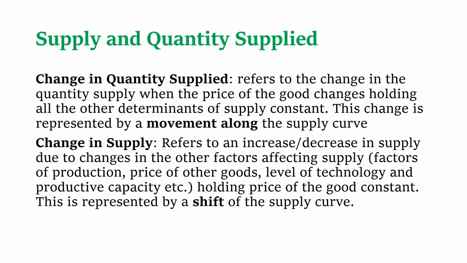Either an increase or a decrease in supply due to changes in the other factors affecting supply, for example, factors of production, price of other goods, level of technology, and productive capacity, holding the price of the good constant. So this is a shift in the supply curve, right? So when we talk about changes in the other factors affecting supply, we are referring to a change in supply.